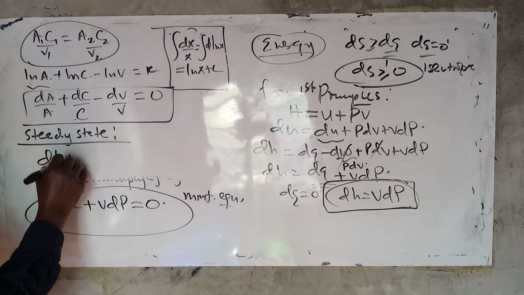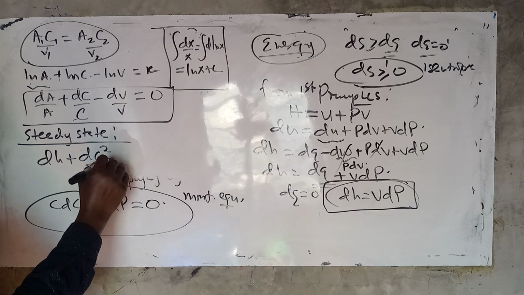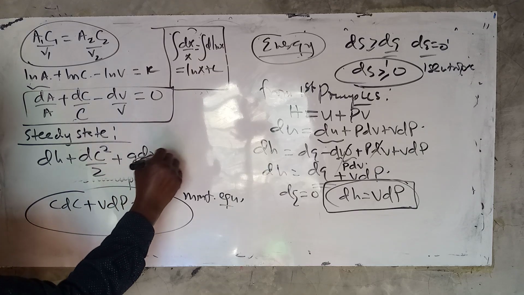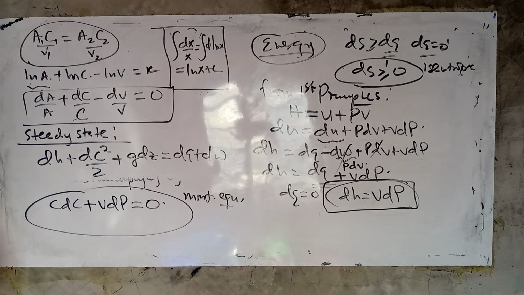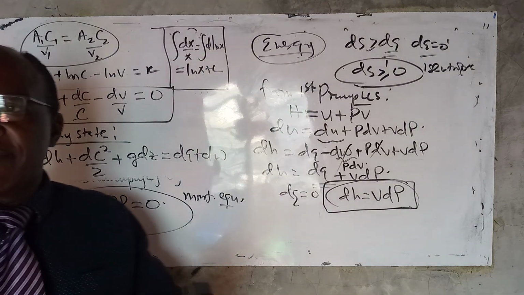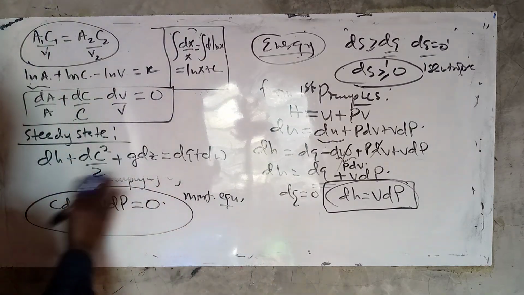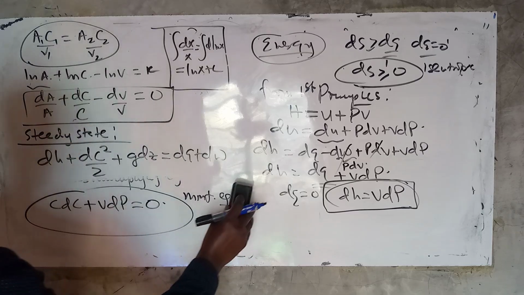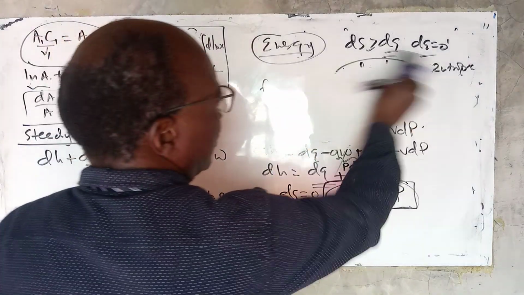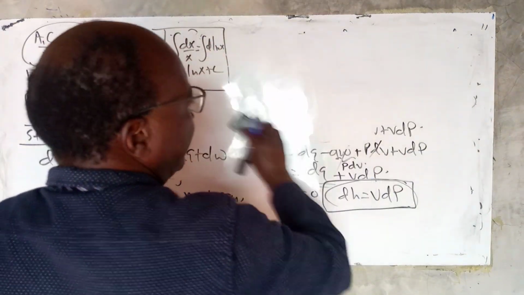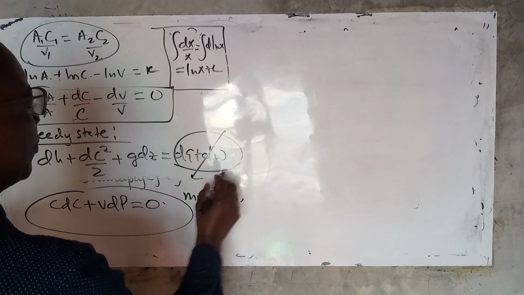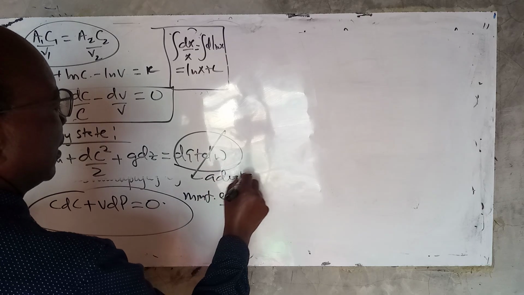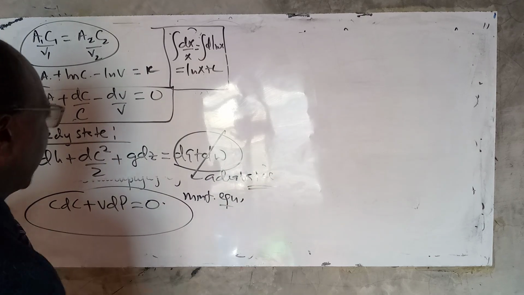that dh plus dc squared over 2 plus gdz is equal to dq plus dw. So these are equations which we have worked with throughout. And so when we are talking of adiabatic flow, adiabatic conditions in a nozzle or a diffuser, this will be 0. Adiabatic in a nozzle or diffuser, remember that.